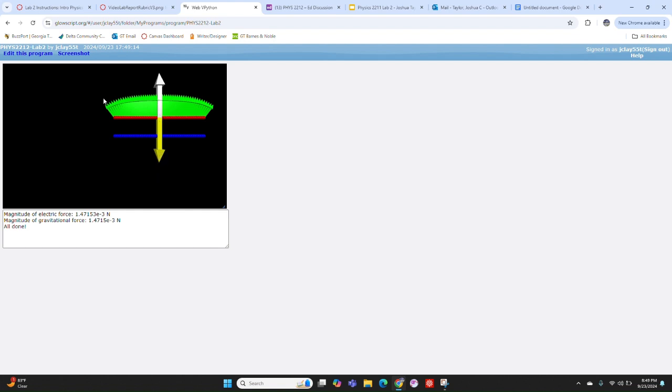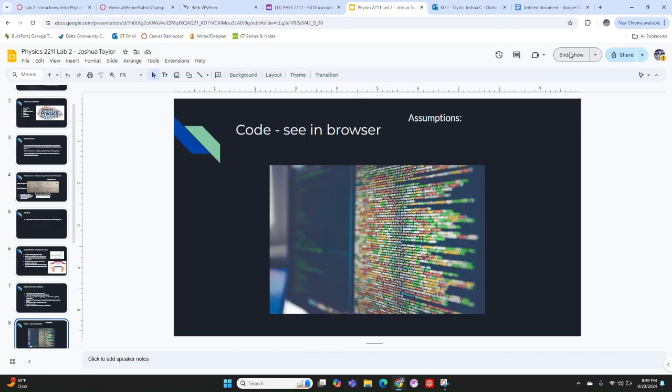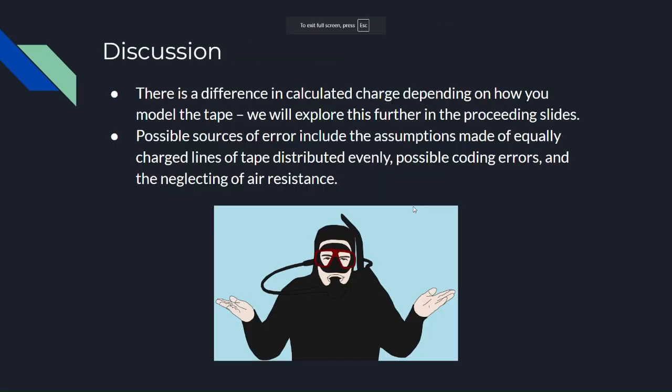These two cancel each other out, and that occurs when the charge of one piece of tape is 1.7604 times the originally thought charge on one piece of tape. So there is a difference in calculated charge depending on how you model the tape. We'll explore this further in the following slides.